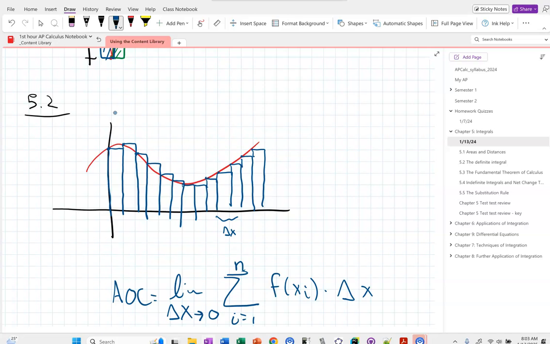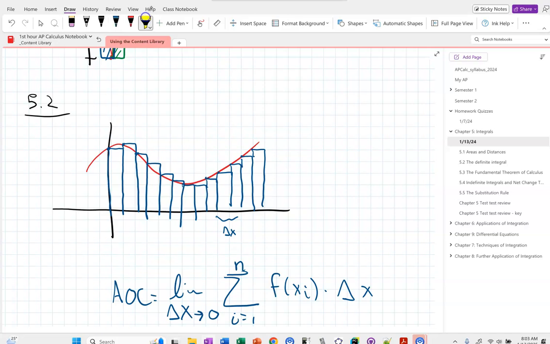If I just have some smooth curve that isn't resembling any geometric figure, I'm going to do the same thing. I'm just going to fill it up with Riemann sums, but they're going to be infinitely narrow so that we can make a precise approximation.